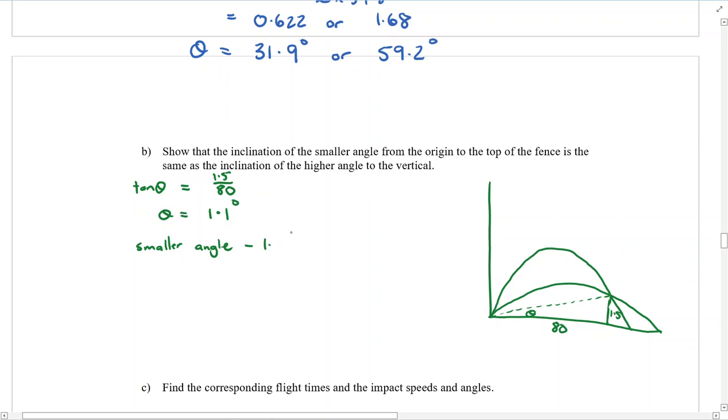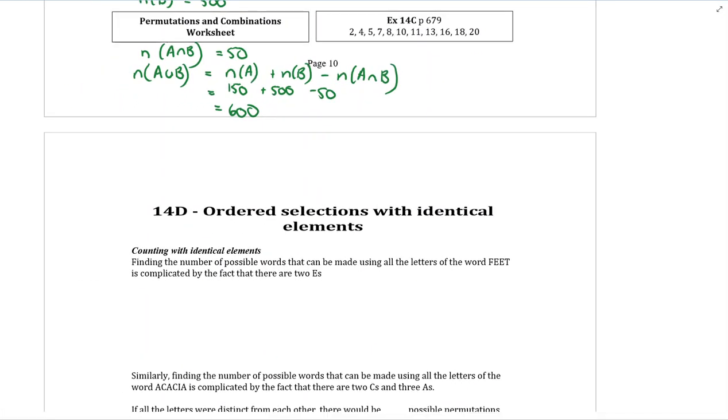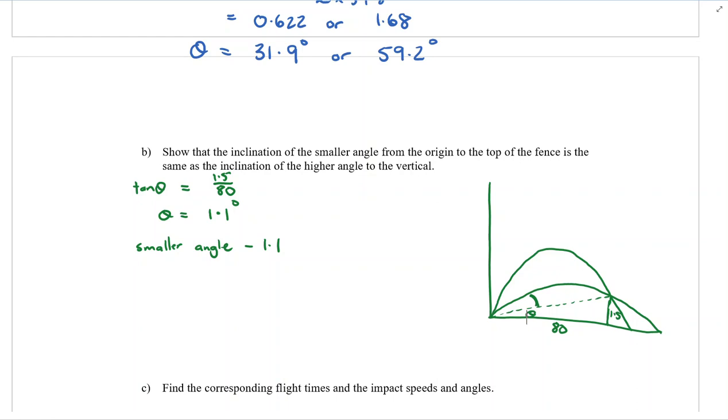I didn't round it in my notes. 1.1. That will tell me the angle between here and here, that little angle in there. Back to this one. That is equal to 30.8 degrees.